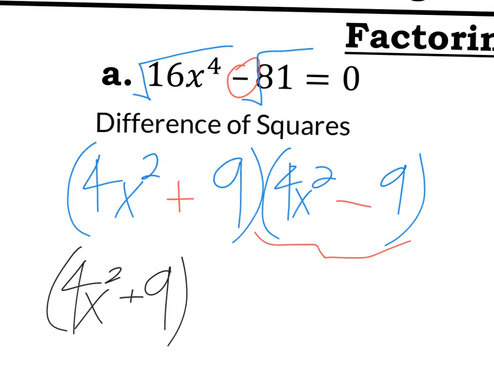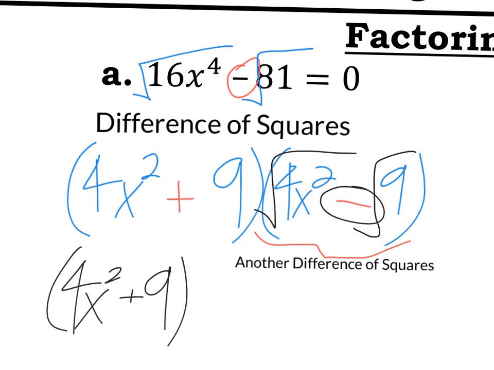All right, so I'm going to put another note here saying that it's another difference of squares. The reason why I know that is because you can take the square root of 4x squared, you can take the square root of 9, and there's a minus sign right there.